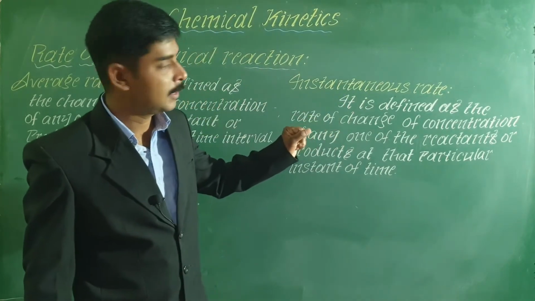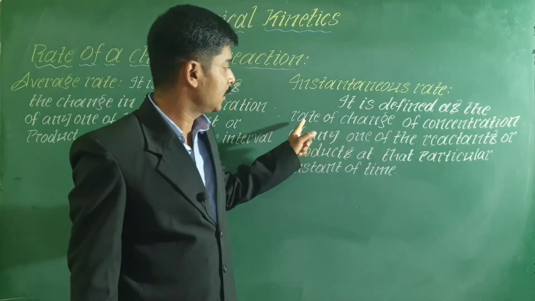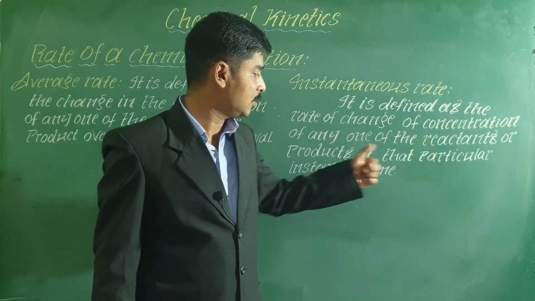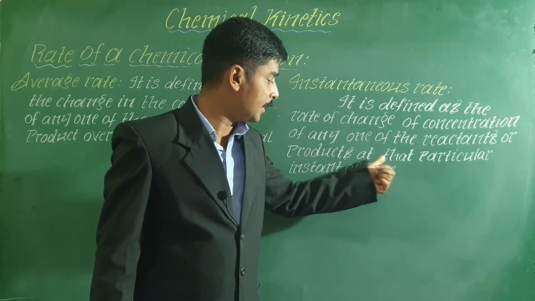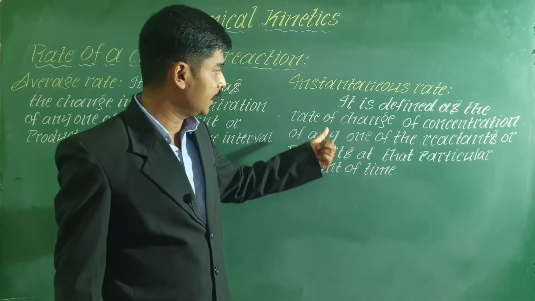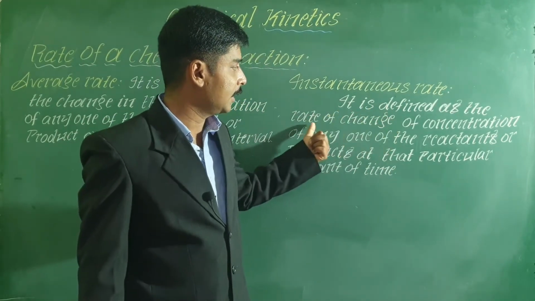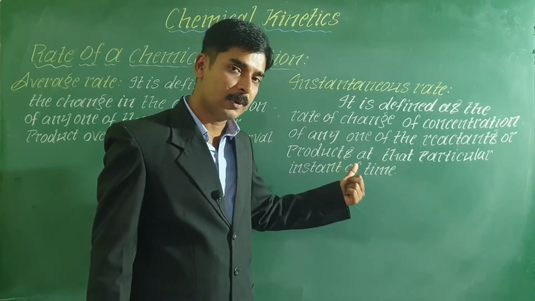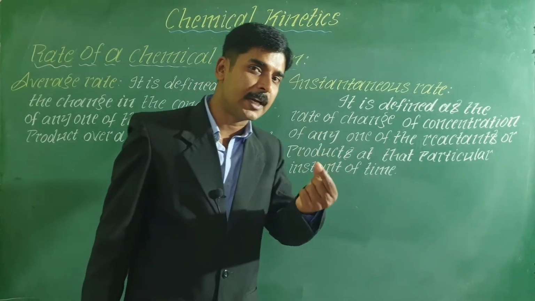Instantaneous rate is defined as the rate of change of concentration of any one of the reactants or products at that particular instant of time, or you can also define it as the rate of change of concentration of any one of the reactants or products over a very small time interval.